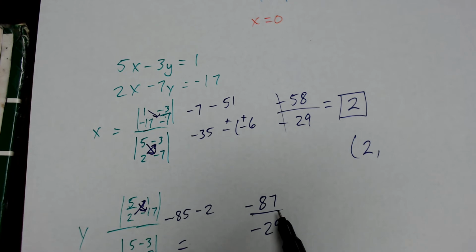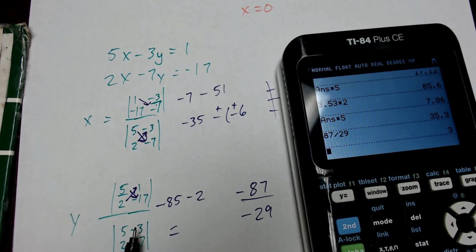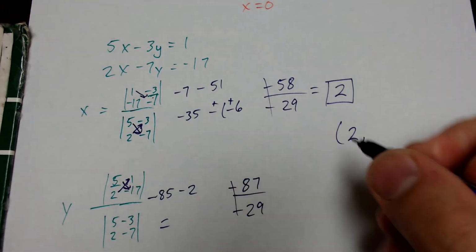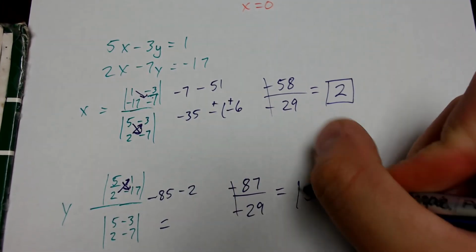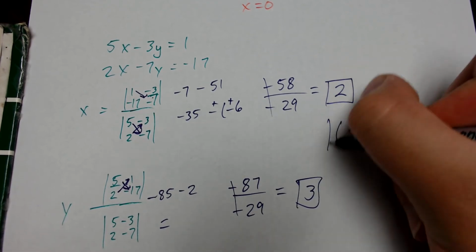Maybe they will. Let's use a calculator. 87 divided by 29. 3 times. What do you know? Cool. So negatives cancel, and that becomes 3. So y equals 3, so we have the pair 2, comma 3 for our answer.